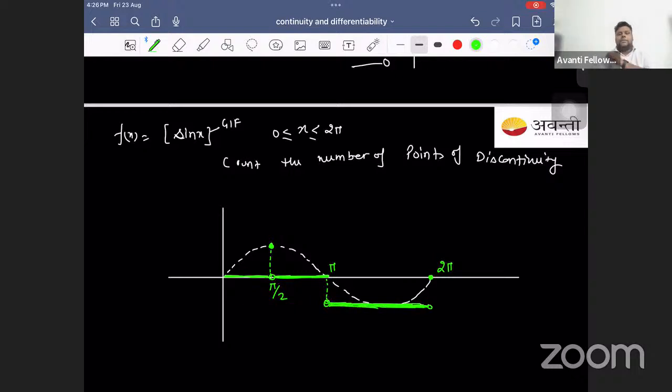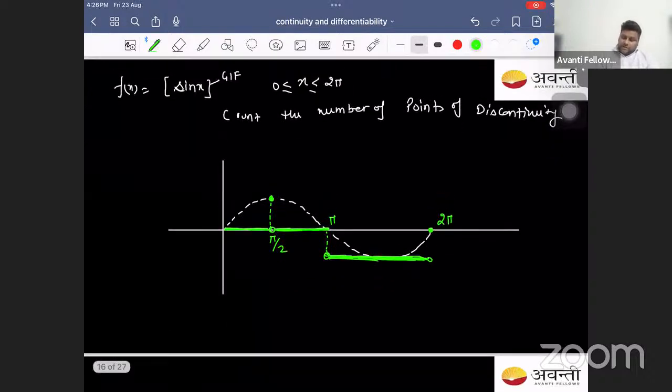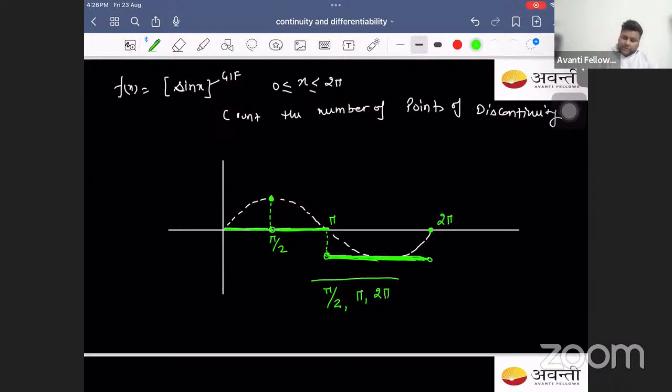Did you get it? This is the graph of sin x, and this is the graph of the greatest integer of sin x. Now tell me at how many points it is discontinuous. So, if you realize, pi by 2 is 1 point, pi is another point, and then 2 pi is another point. So in 0 to 2 pi, there are total 3 points of discontinuity.